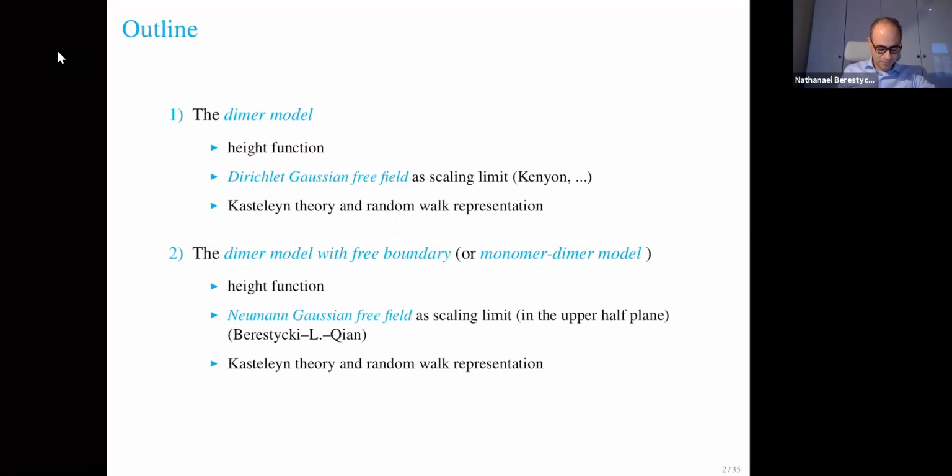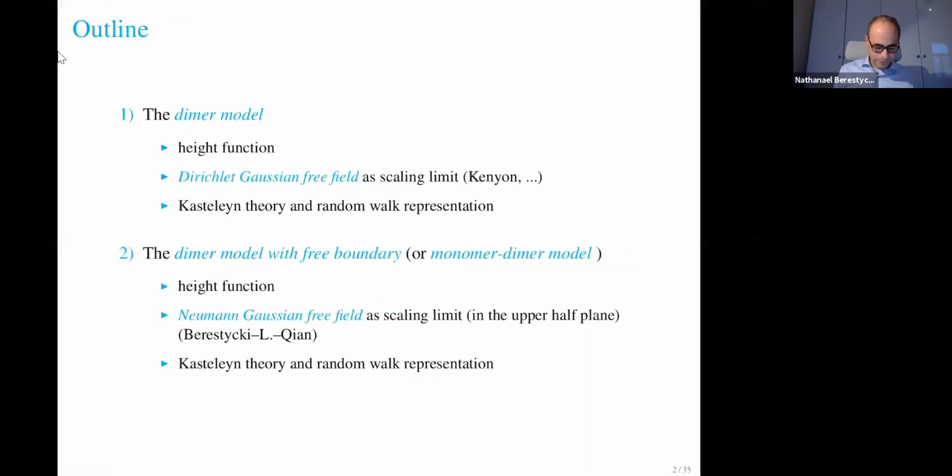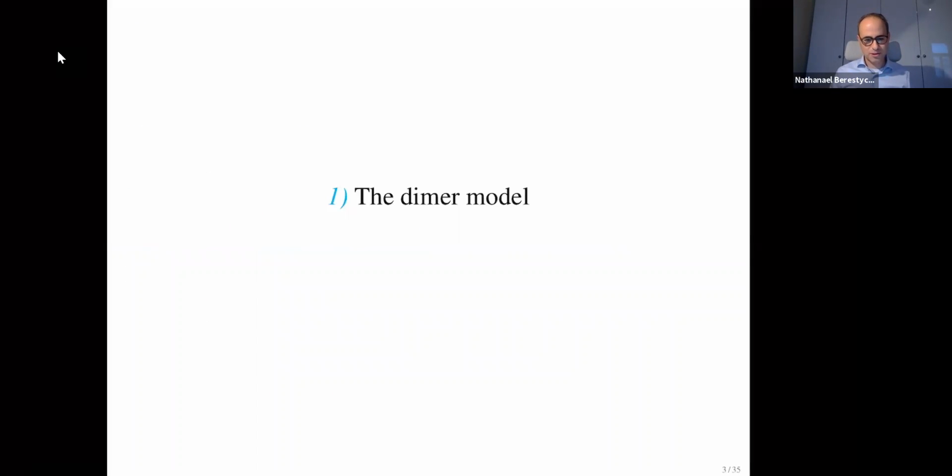And here it looks like somehow the same tools are being used, but there's something really quite remarkable that I hope to tell you about, this random walk representation. There's some kind of miracle that we don't fully understand that I hope I will tell you about and will be interesting. All right, so let's start with the Dimer model.